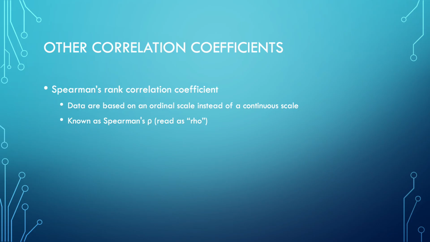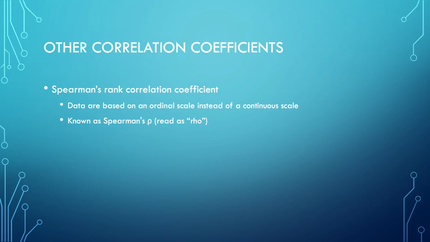For Spearman's correlations, data is based on an ordinal scale instead of a continuous scale. If we remember from previous chapters, ordinal data is data that occurs in an order, like places in a race, but the numbers are arbitrary, versus a continuous scale, think of it as occurring on a number line, such as height or weight.